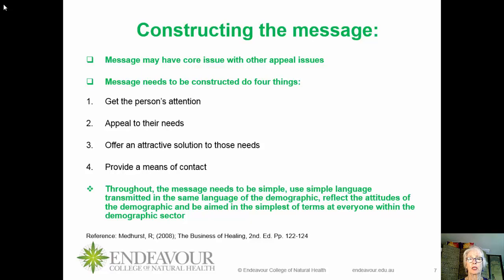Is it about anti-aging? Is it about being able to perform well with lots of vital energy? Whatever that core message is, identify that, and whatever ancillary messages you're going to have that go along with that. So the message needs to be constructed to do 4 things.